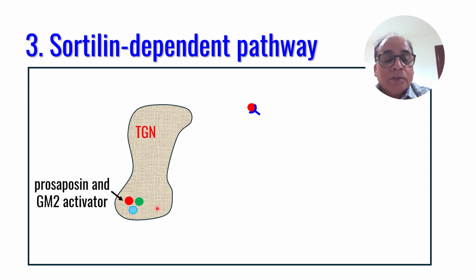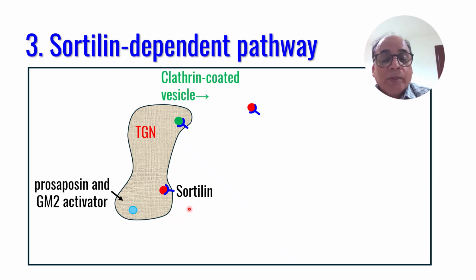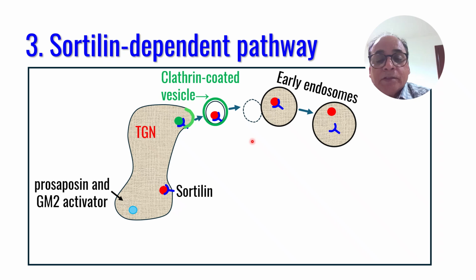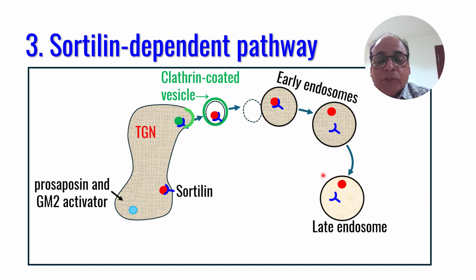They are selected by a membrane bound protein called sortilin, and the binding of these enzymes with sortilin induces clathrin coated vesicles which uncoat and fuse with the early endosome, which has an acidic pH that liberates the enzyme from the receptor. These early endosomes mature into late endosome which deliver the protein ultimately into the lysosome.